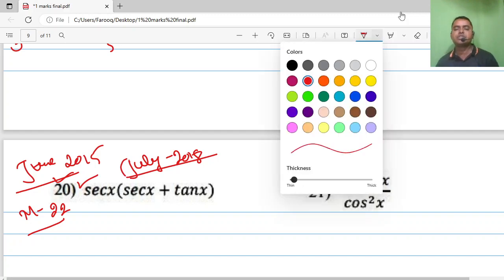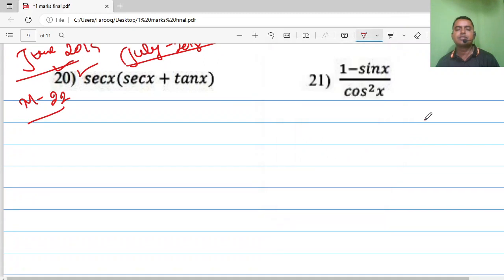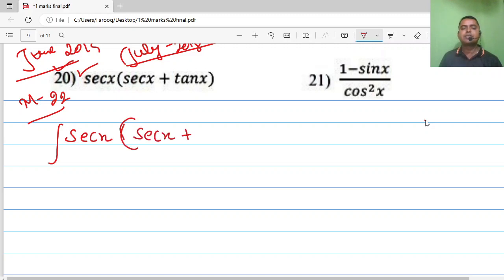First write the given question, that is integration of sec x into the bracket sec x plus tan x.